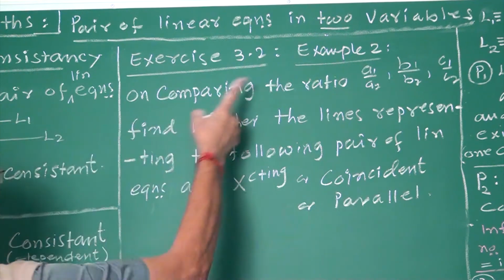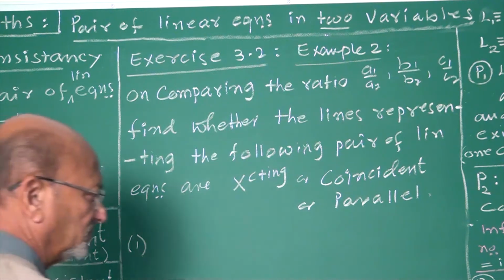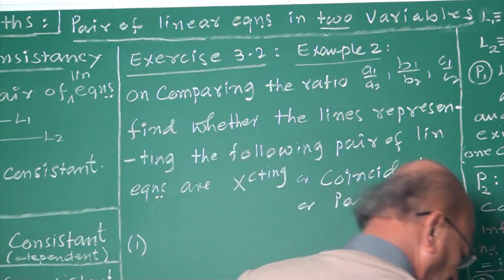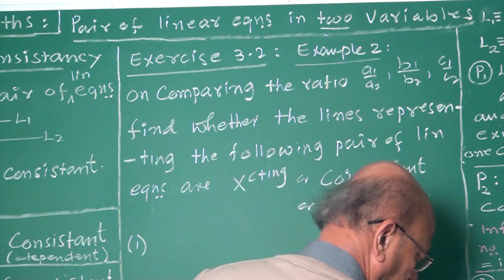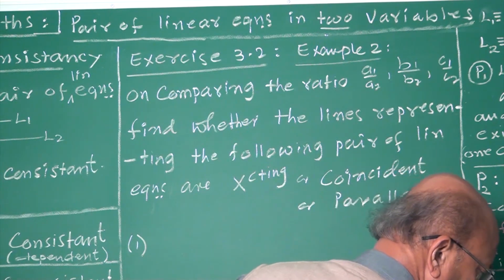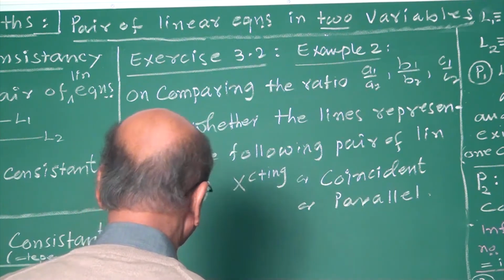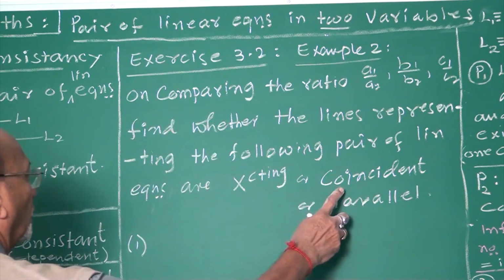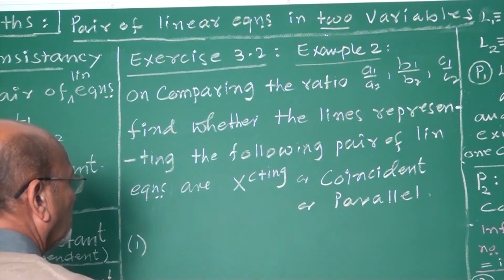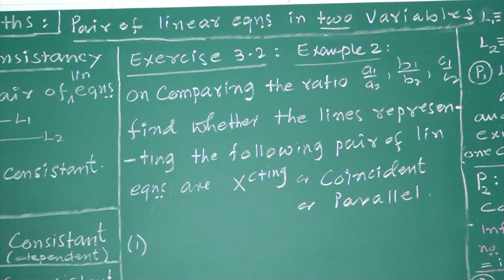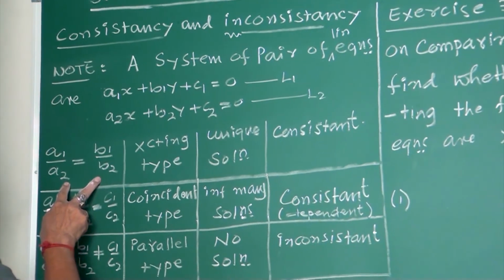Yes, my friends. This is the first example. You have to test for intersecting, coincident, parallel. Intersecting means the ratios A1 upon A2 and B1 upon B2 are not equal.